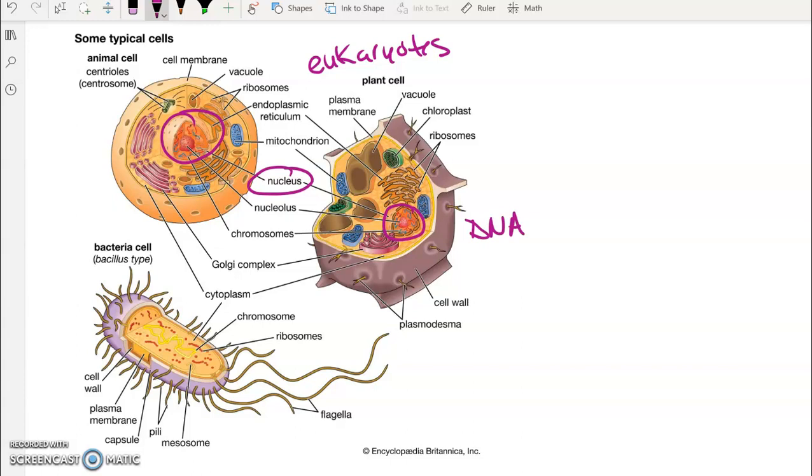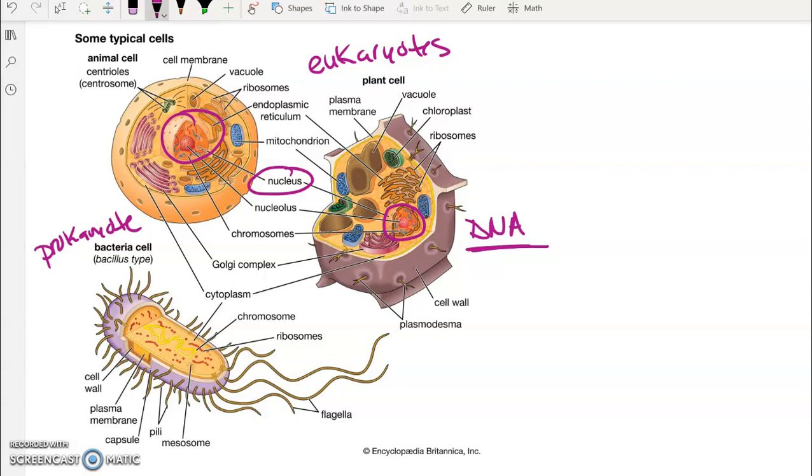So every single cell, as you saw in the notes, has DNA. Okay, so every single cell will have DNA. And in this bacteria cell, this is a prokaryote, and it doesn't have DNA. And you're like, well, you just said the DNA is found in the nucleus, and this doesn't have a nucleus.